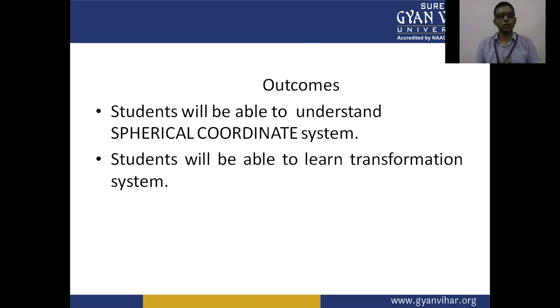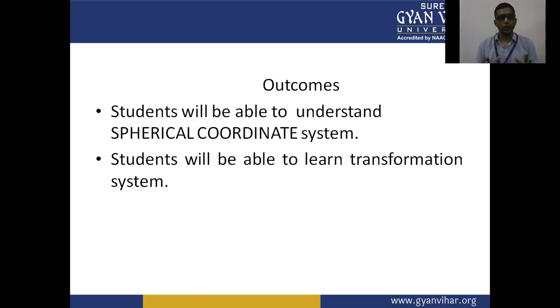The outcome of this video lecture is that students will be able to understand the spherical coordinate system. They can easily understand the transformation of one coordinate system to another coordinate system. Up to this, we have already studied the rectangular coordinate system and cylindrical coordinate system.